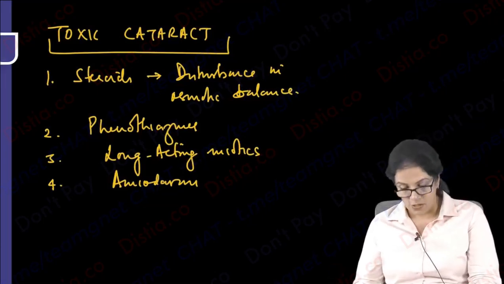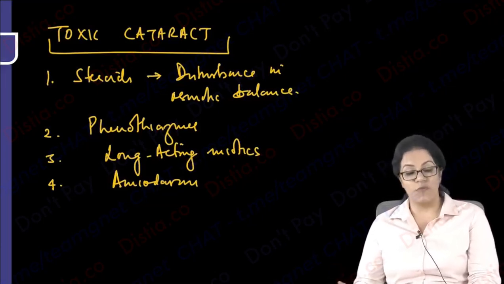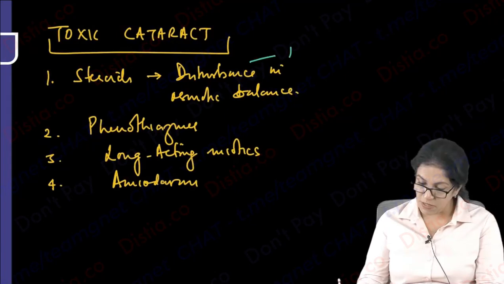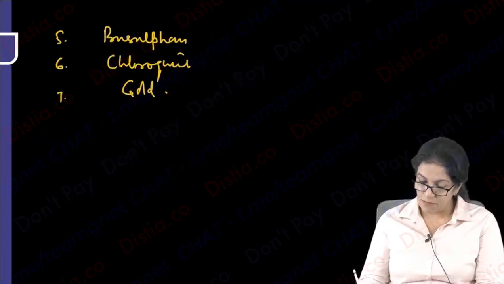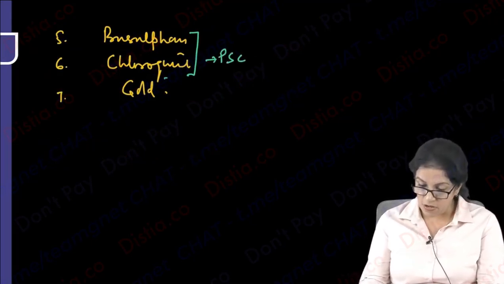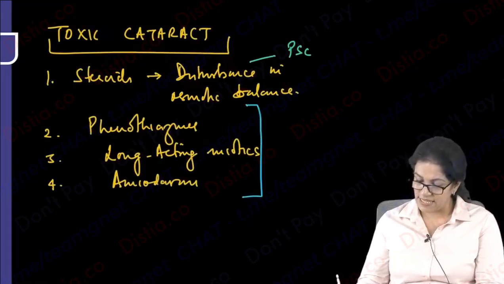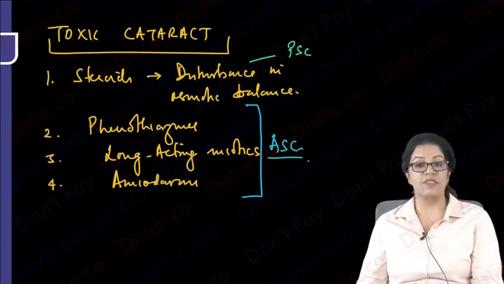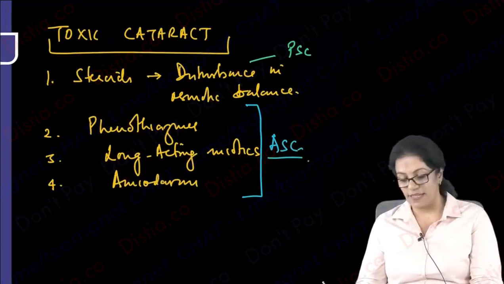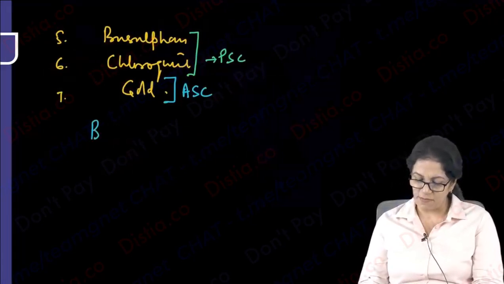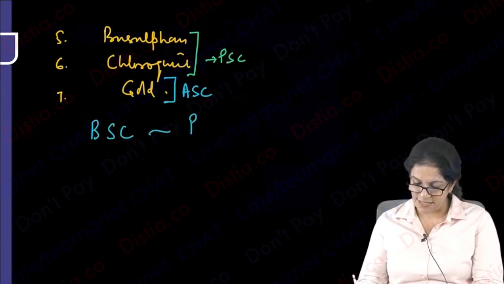Now the next thing they want to know from you is the type of cataract. Very simple to learn. Steroids cause PSC, and busulfan and chloroquine also cause PSC. Rest all will lead to anterior subcapsular cataract. How do you remember? This is a very known mnemonic. BSC causes PSC.